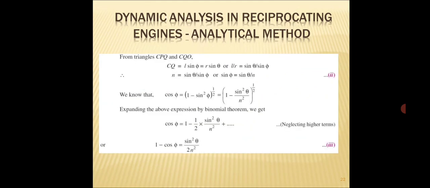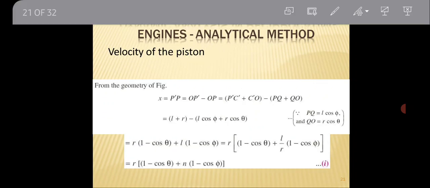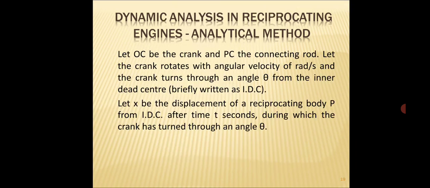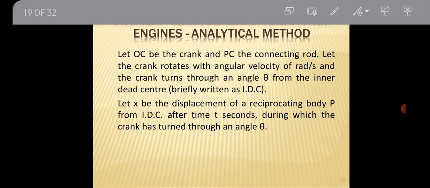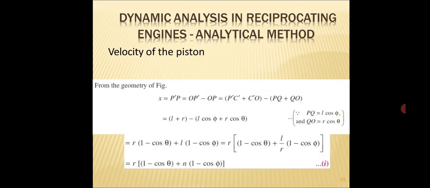Then next, from the diagram, from the triangles CPQ and CQO, there are two triangles. CQ gives L sin phi equal to R sin theta, or L by R equal to sin theta by sin phi. Here L by R means n.